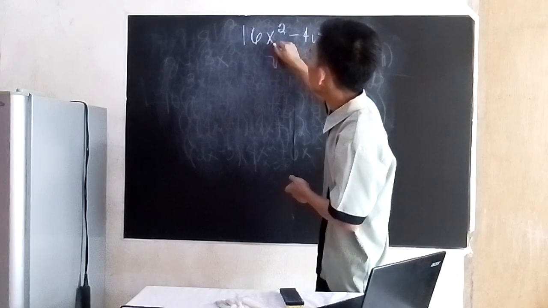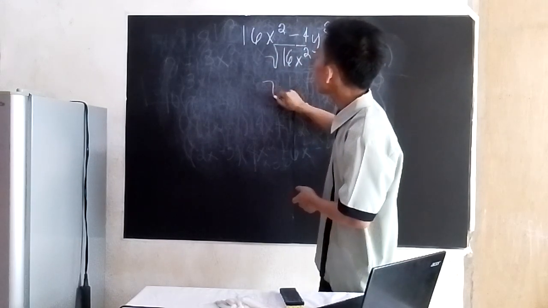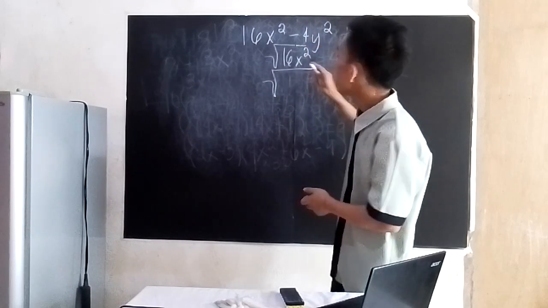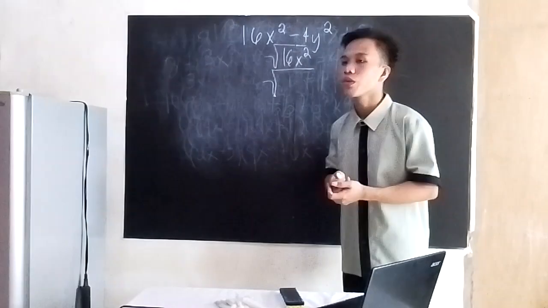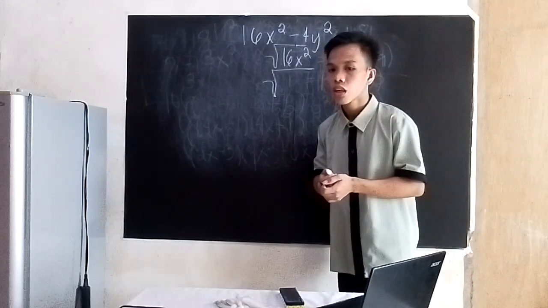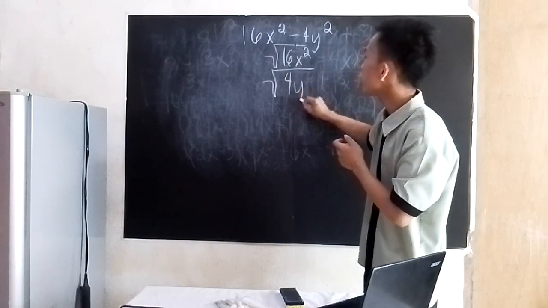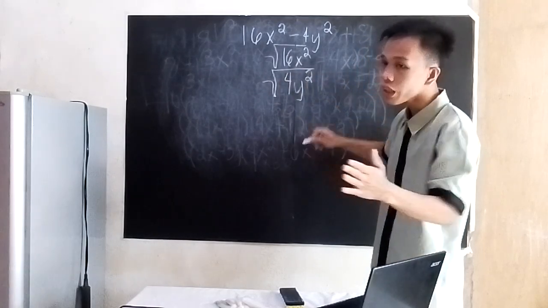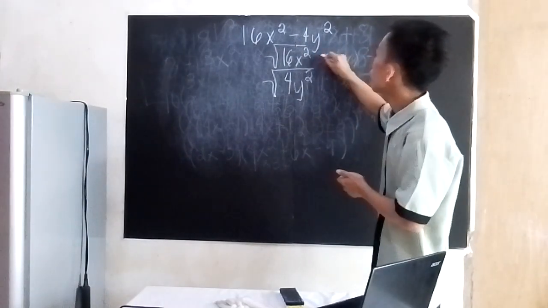So that will be the square root of 16x squared and the square root of, what are we going to put? Negative 4y squared or 4y squared only? That's right, we are going to put only 4y squared because it will become imaginary if we put the negative sign.